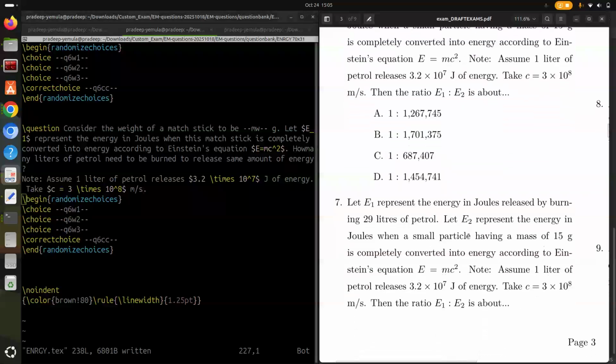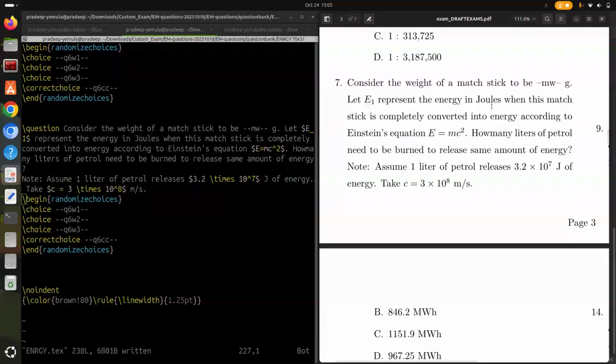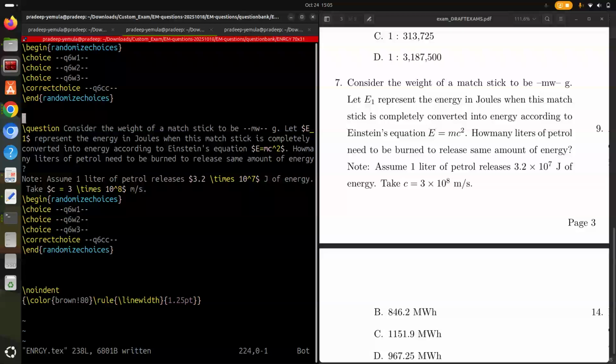Okay, so now I more or less completed this. Just see the question wording. Consider the weight of a matchstick to be MW grams. Let E1 represent the energy in joules released by this matchstick. See how difficult it is to make a question.